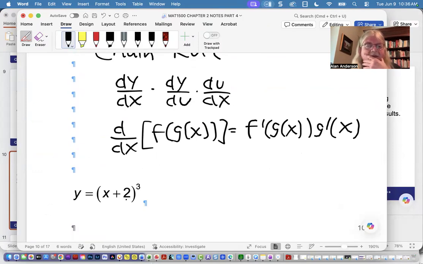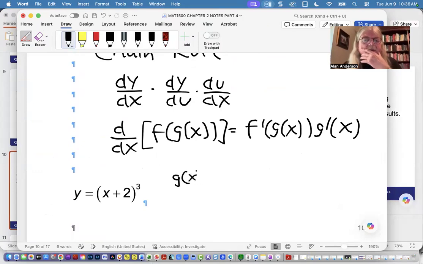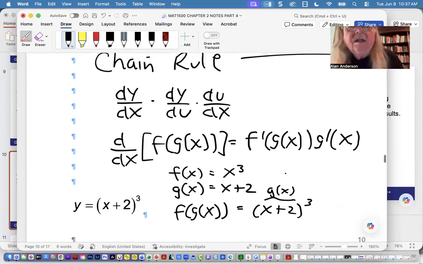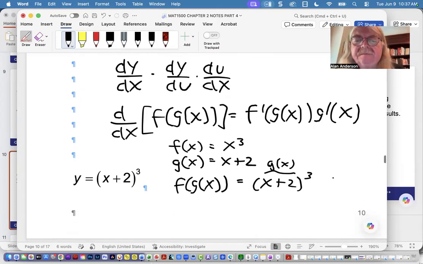You could think of this as, and then that means that f of g of x is x plus 2 cubed, because this is g of x right here. And then you can apply what you're seeing here.